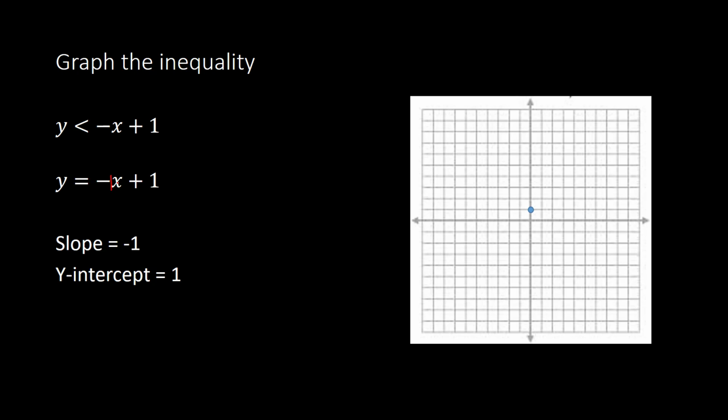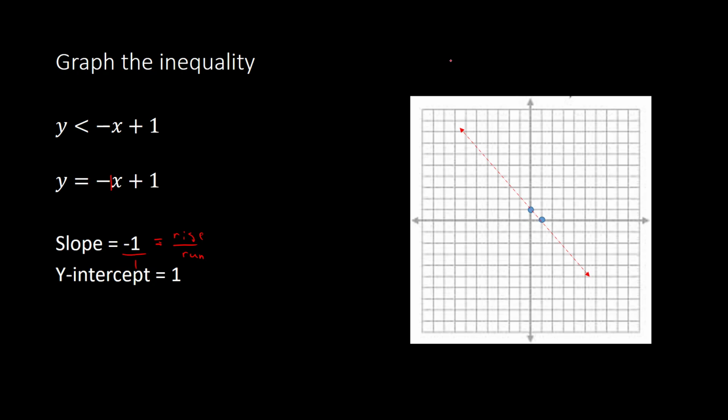And the slope is negative 1. So if I use the fact that this is rise over run, I can see that negative 1 would be the same thing as negative 1 over 1. So rise would be negative 1, so down 1 from that point, and the run is positive 1, so I go to the right 1. So from this point, I'm going to go down 1 and to the right 1 to get that point right there. And now I'm going to draw the line.